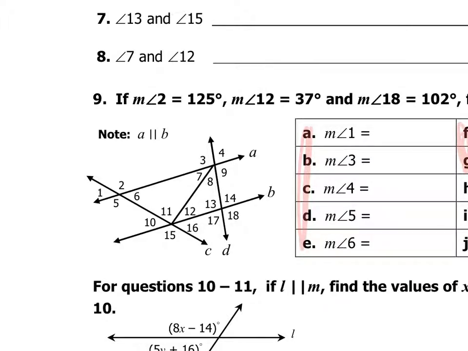They're telling you that angle 18 is 102, and you should write this on your paper as well. 12 is 37. And 2 is 125. And they're also telling us that A and B are parallel.